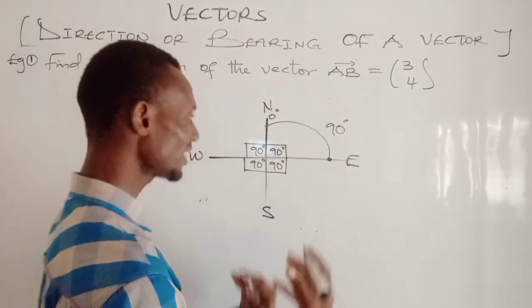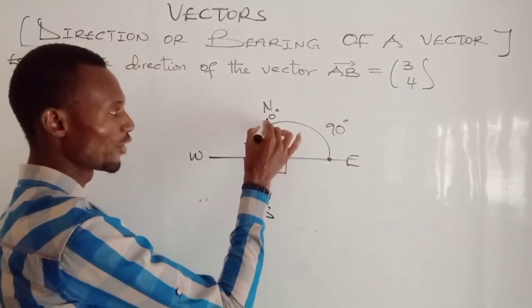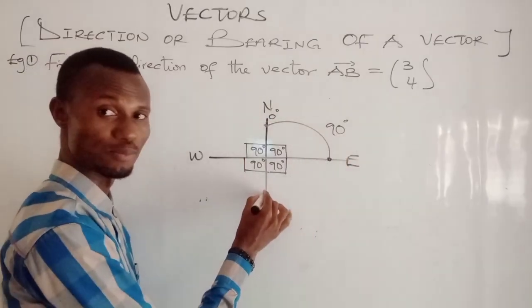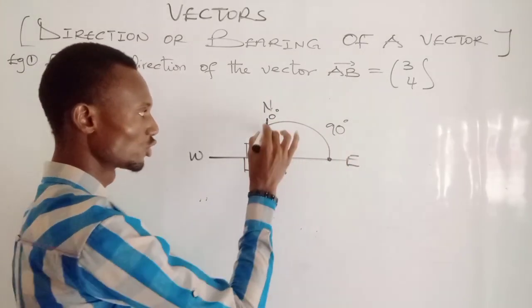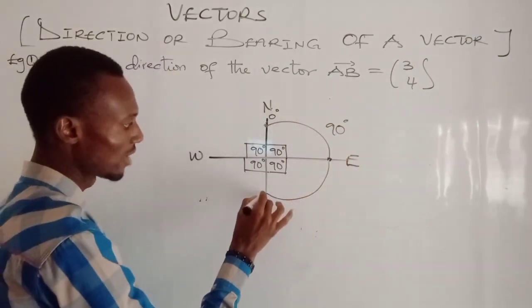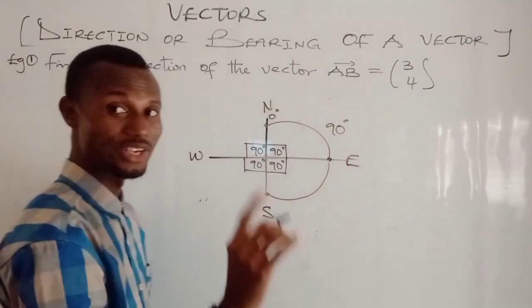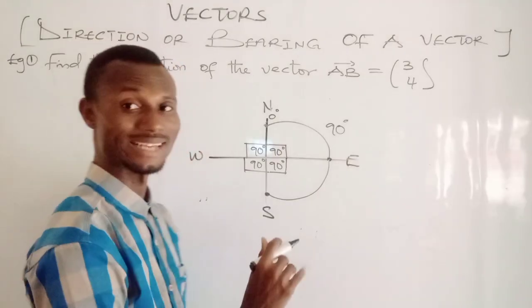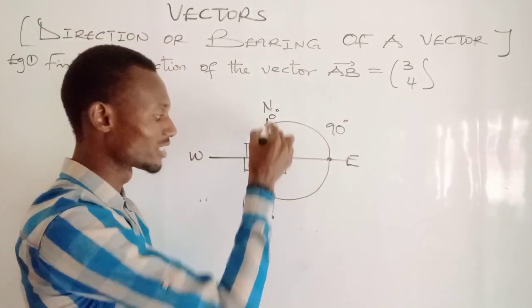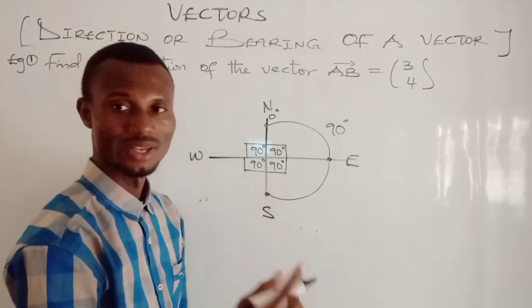Now again, let's say that I'm reading from the north up to the south, the point S. You can all agree with me that I'm going to get an angle of 180 degrees. Why?